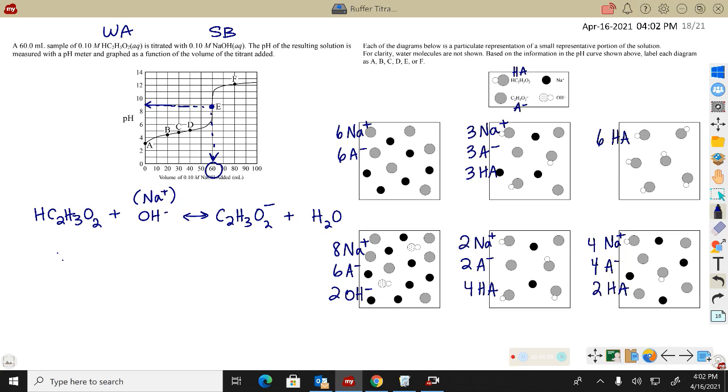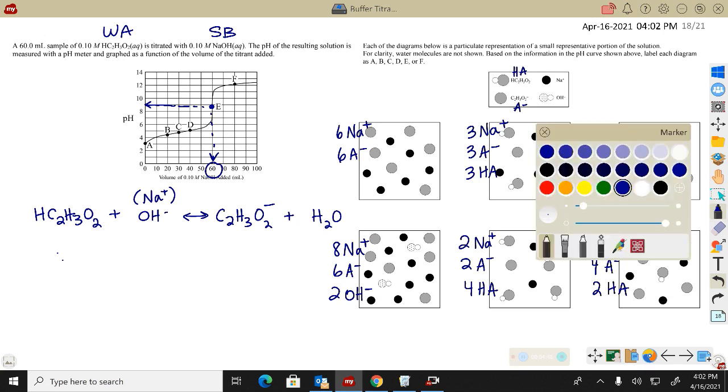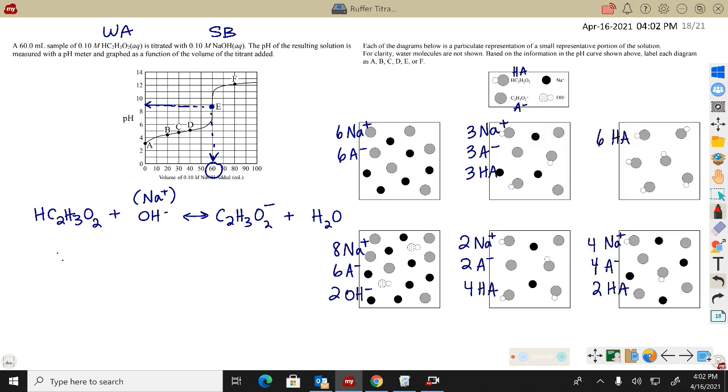So would we be okay labeling this guy as A? Just the original weak acid? I think that makes some sense, huh? Okay, so HA.